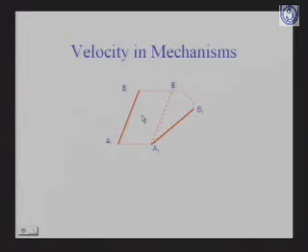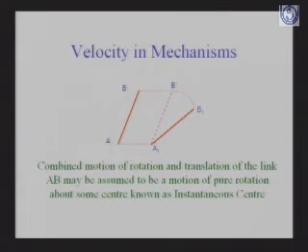This type of study is helpful in determining the velocity or the acceleration of any point in the link. So we can say the combination of rotational and translational motion of the link AB may be assumed to be motion of pure rotation about some center which is known as the instantaneous center.